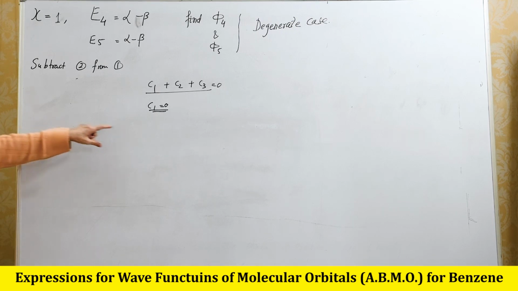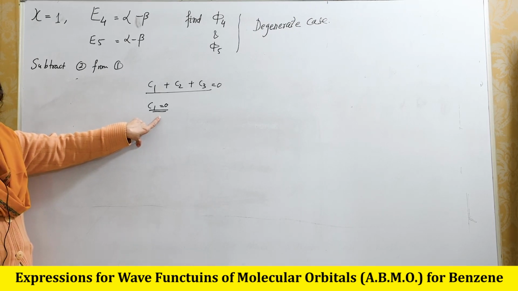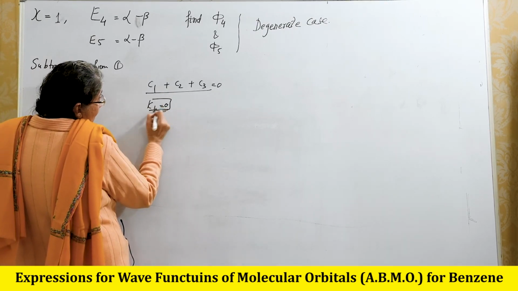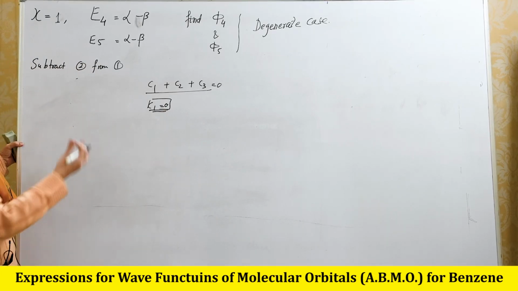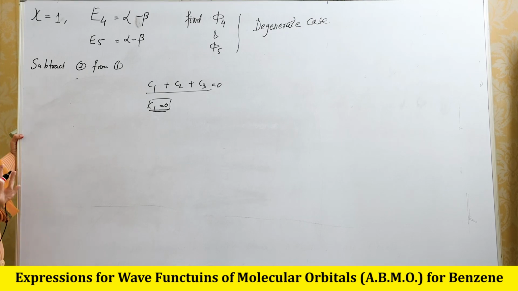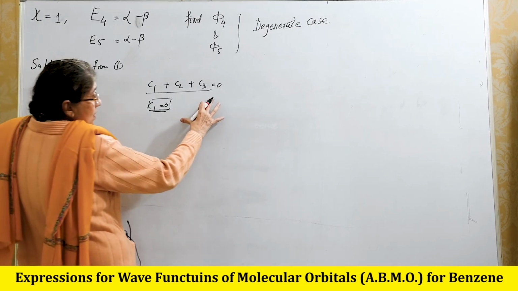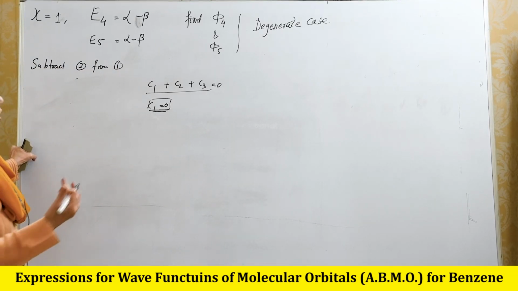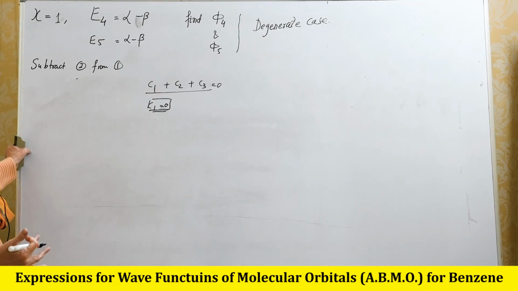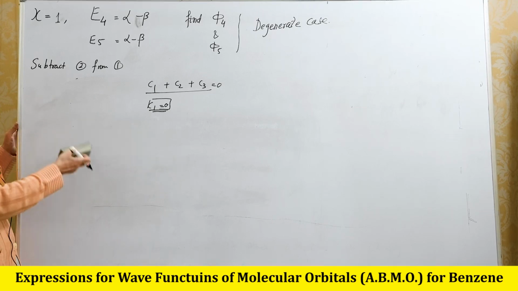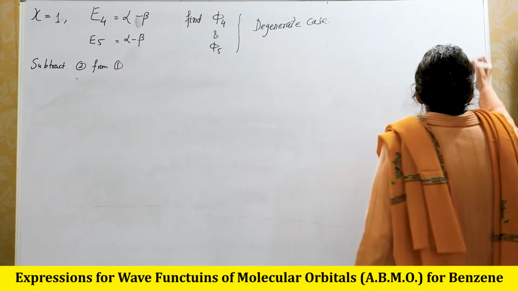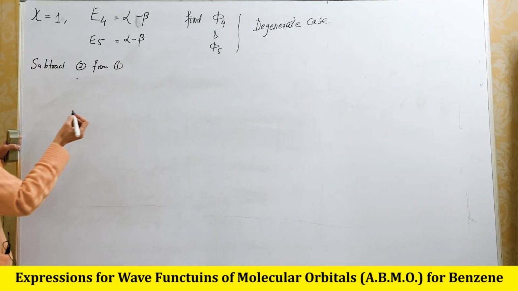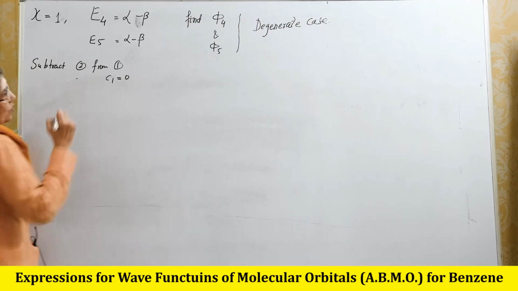But this condition will be applied only when these orbitals are orthonormal, that is, they fulfill the condition of orthonormality, and all these 6 secular equations which we derived, 1, 2, 3, 4, 5, 6, should also be satisfied when we are assuming that C1 is equal to 0.